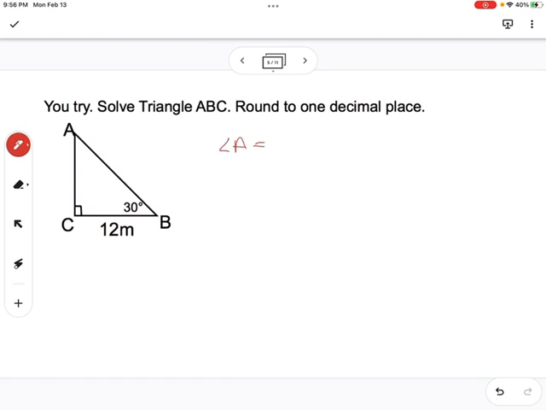You want to find side B and side C. Again, make sure you are rounding to 1 decimal place. When the question specifically is asking for a decimal place to be rounded to, that is what I'm looking for. That's part of your communication mark, so I need to see the proper rounding of your decimals.